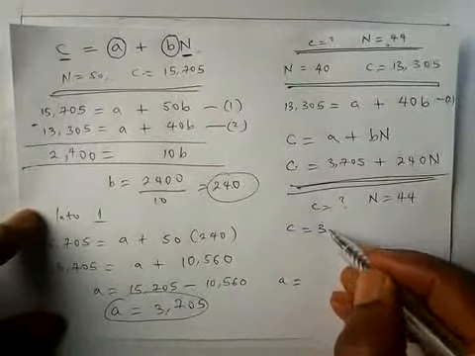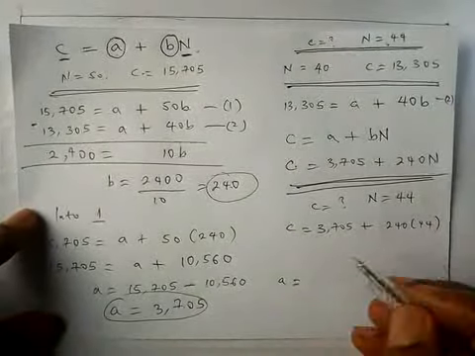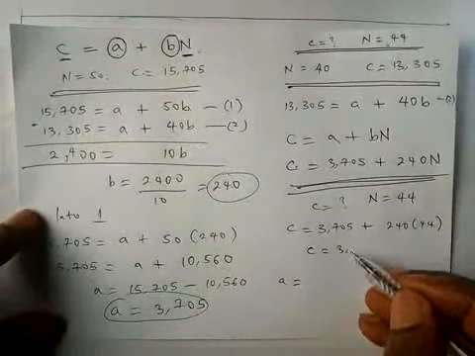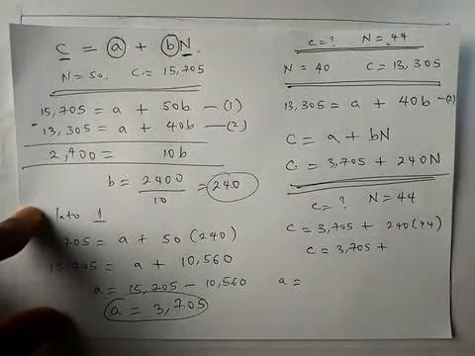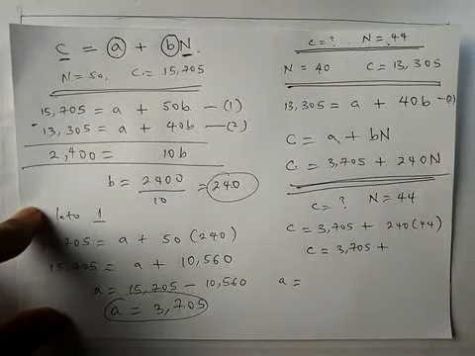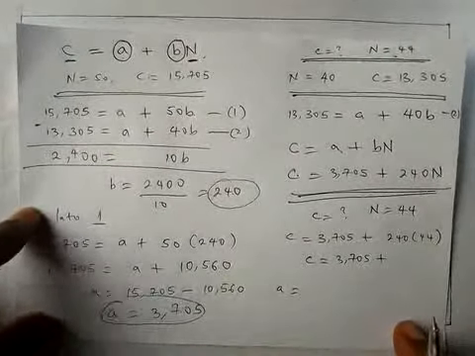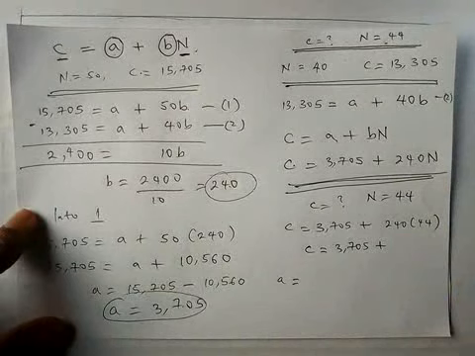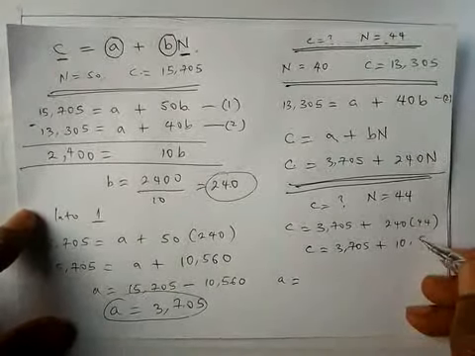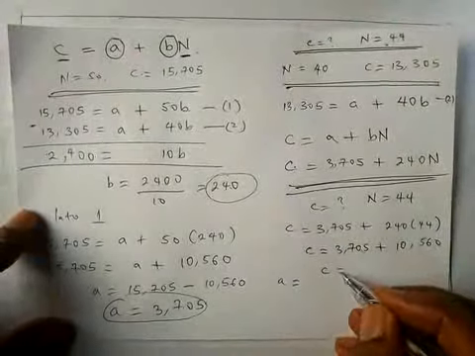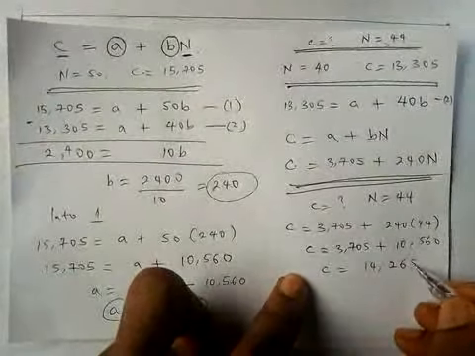So C becomes 3,705 plus 240 times 44. This times this gives us 10,560, and C now becomes, if you add these values, 14,265.